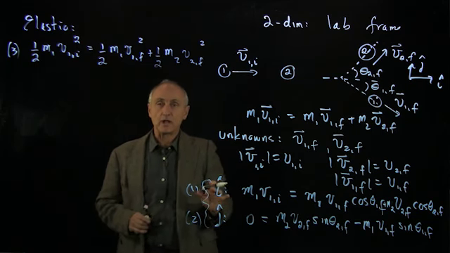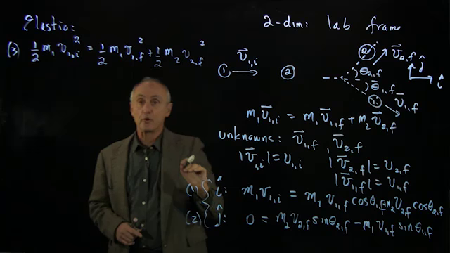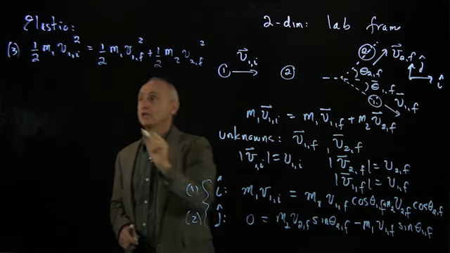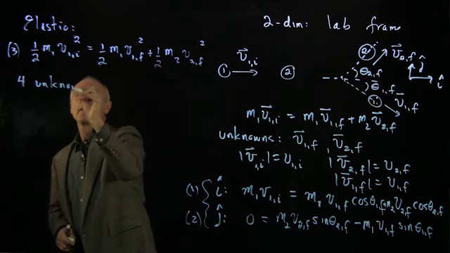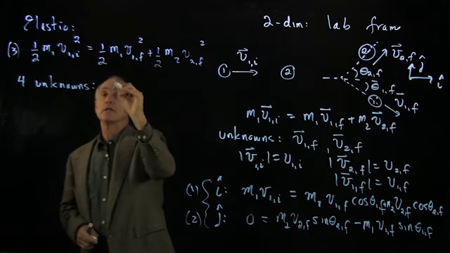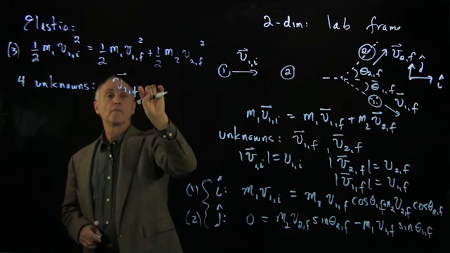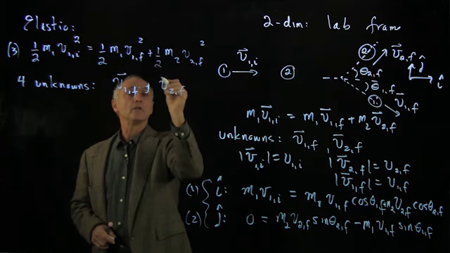Now, it's very important to realize what quantities are given and which we need to solve for. So in this problem, because the two outcoming velocities are unknowns, we have 4 unknowns. Those unknowns can be written as the two vector quantities, v1 final and v2 final.